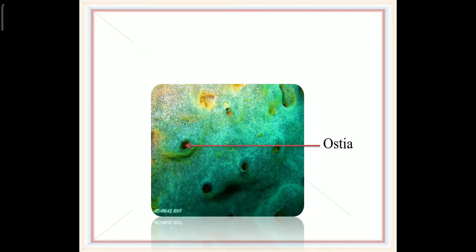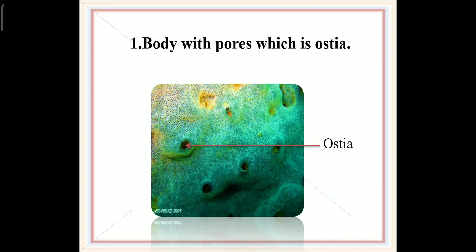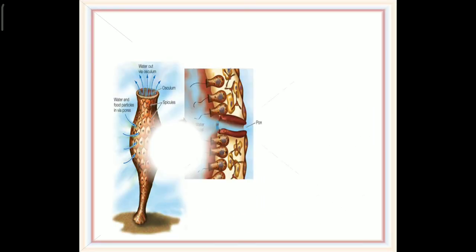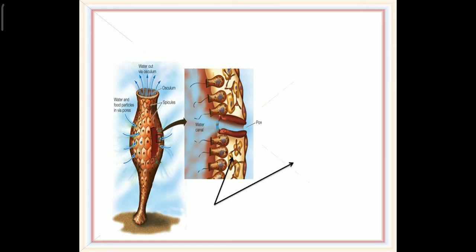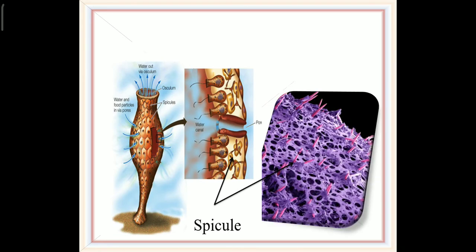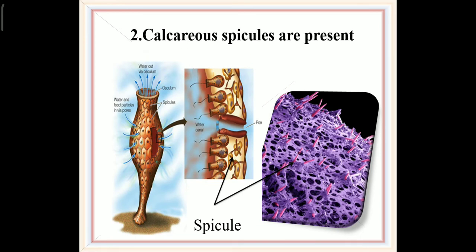Now let's see the ostia. Actually, the whole body has pores, which are called the ostia. And another important feature of the phylum Porifera is the presence of spicules, or calcareous spicules.